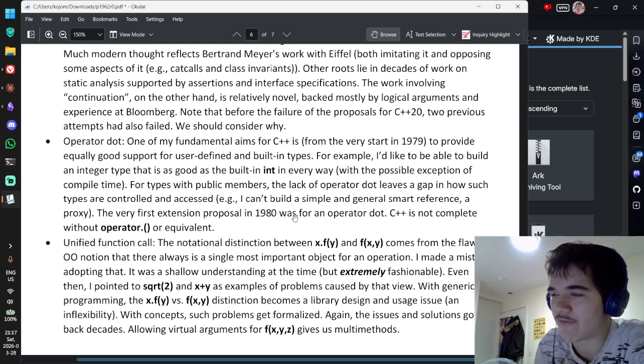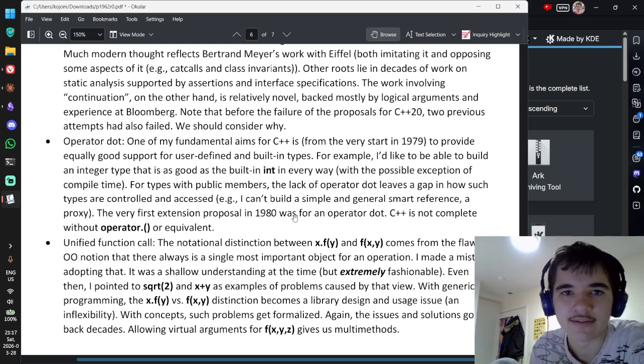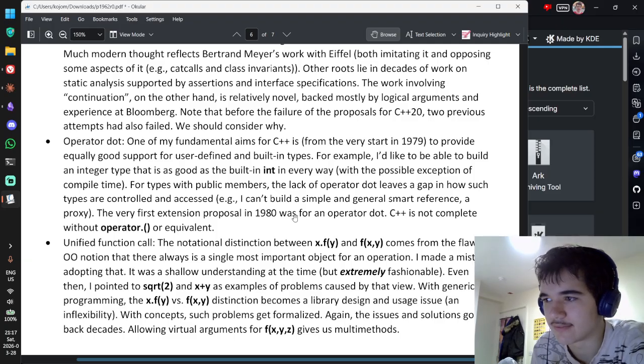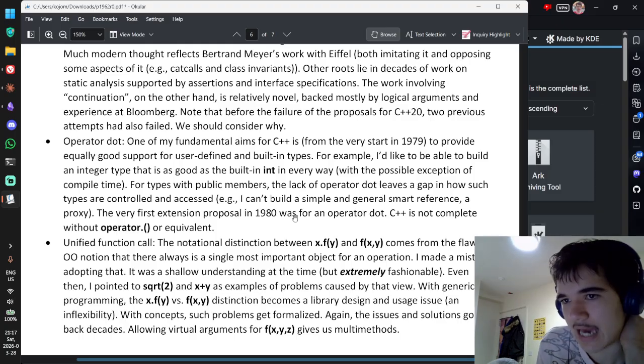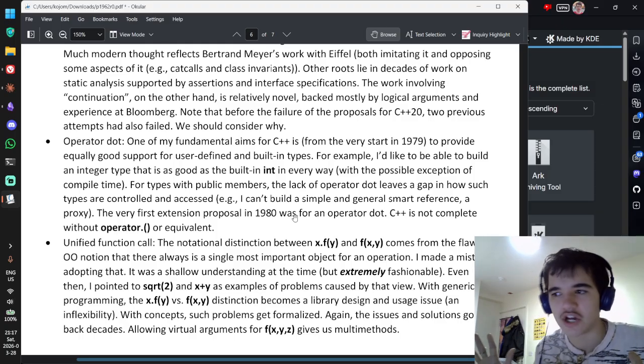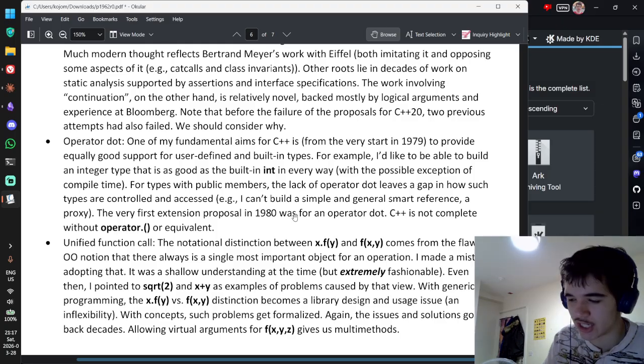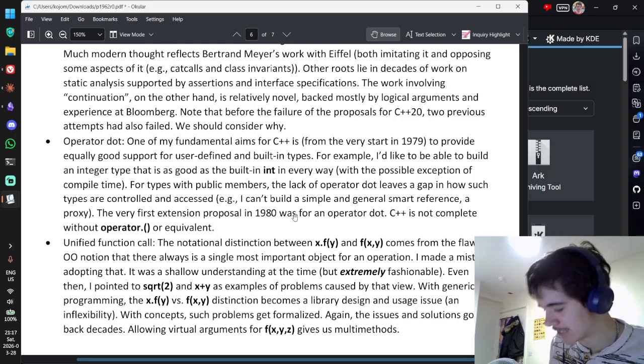So if I have a function like add int a, int b, then I could do a dot add b, and that would just work. No overloading, no nothing. It just is the operator, and that's what it does.